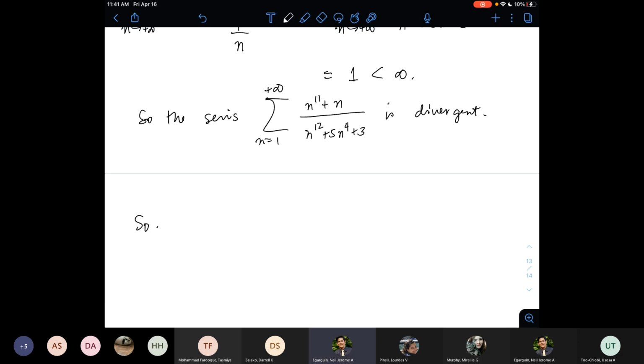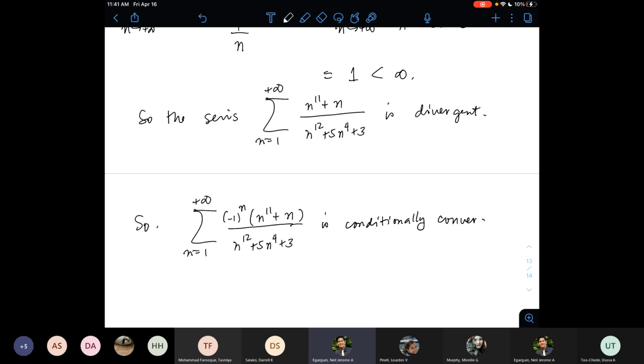So the series with the alternating signs is conditionally convergent, because on its own it is convergent, but the one with the absolute value is divergent.